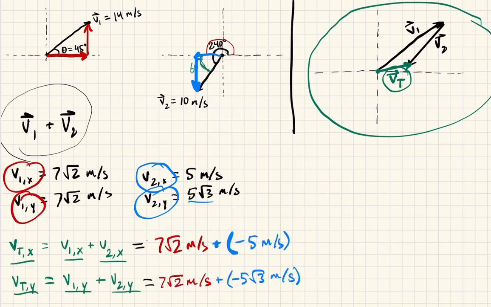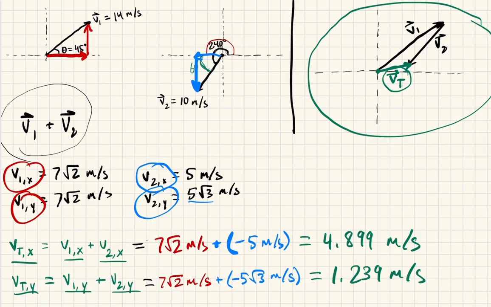So now what we really have is 7 root 2 minus 5, which is approximately 4.899 meters per second for the x component of our resultant vector. And for the y component of the resultant vector, it's 7 root 2 minus 5 root 3, which is approximately 1.239 meters per second.